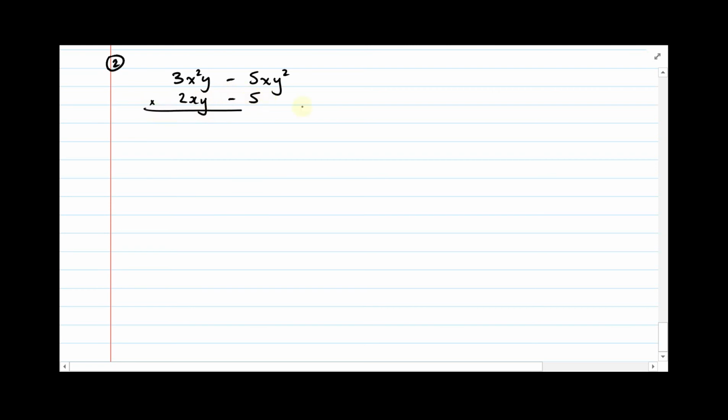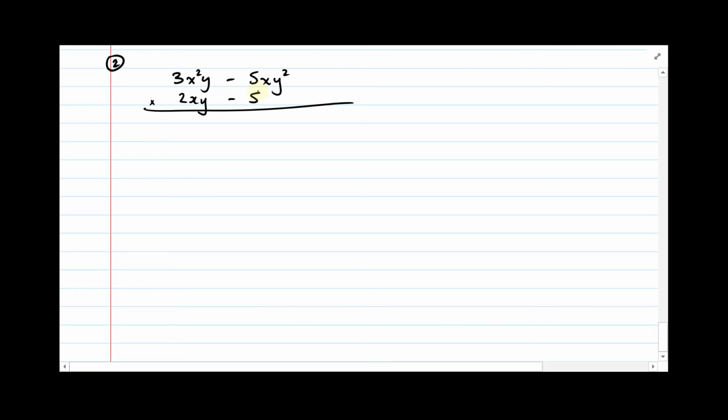Alright, you don't need to line these up as like terms. They have nothing in common, but the idea is to find those partial products. And in this case, one partial set is by negative 5, and the other by 2xy.